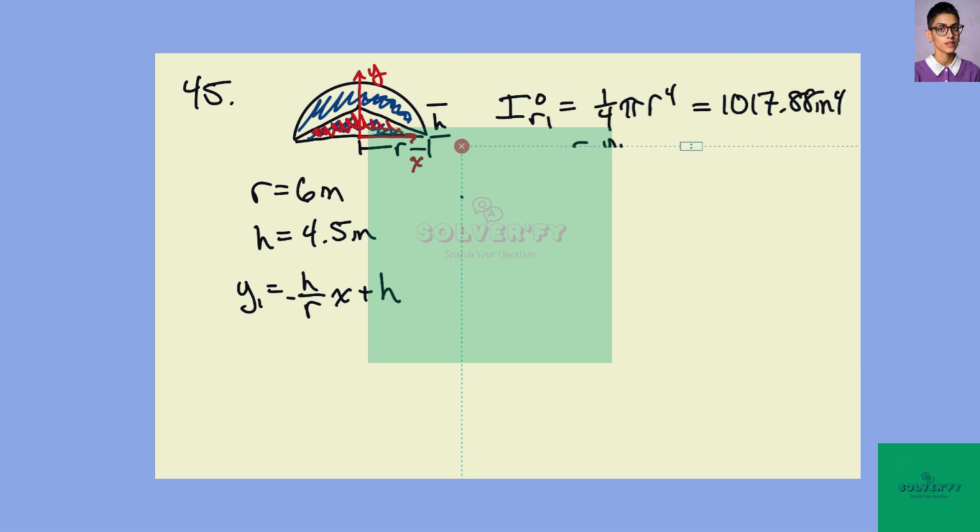We can just look up the polar moment for the semicircle, and we plug in the numbers, and we get 1017.88 inches to the fourth.